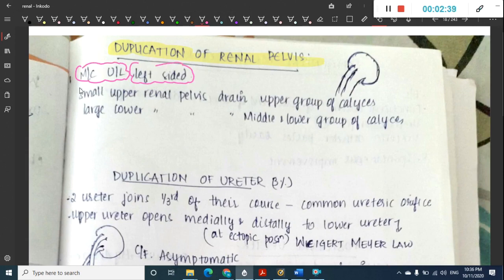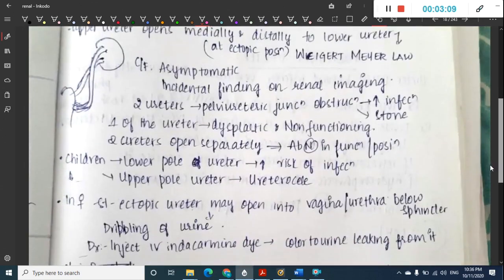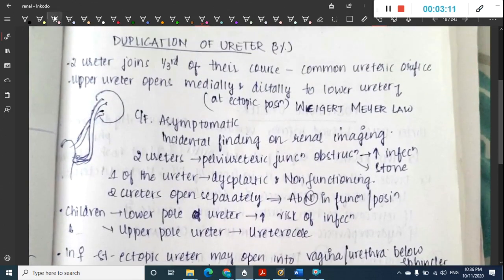In this we have a small upper pelvis that drains the upper group of calyces, whereas this large lower one is draining the middle and lower group of calyces. So this is called duplication of renal pelvis, where there is only duplication of the pelvis and not the ureters.